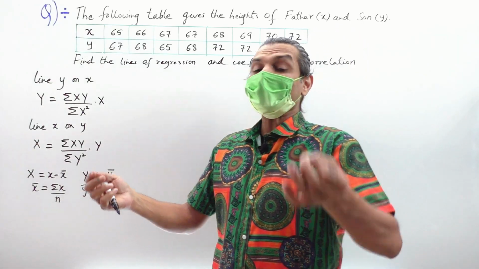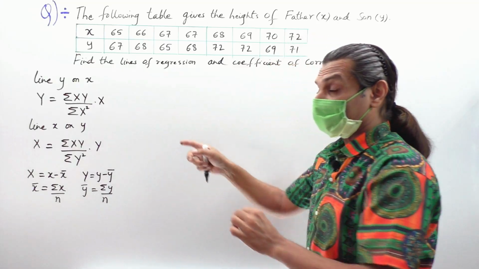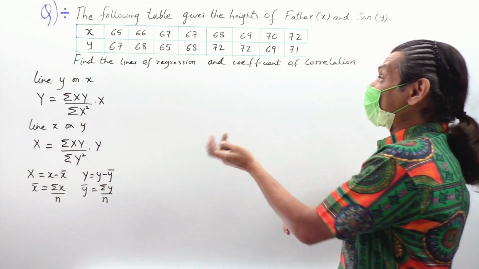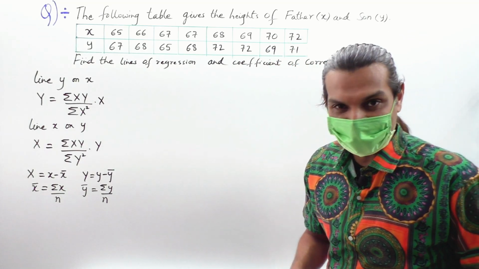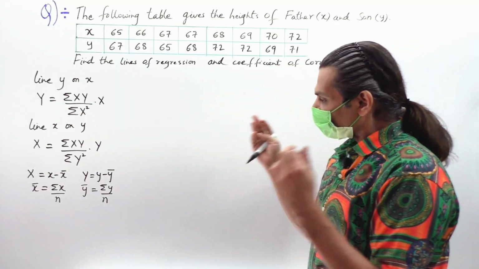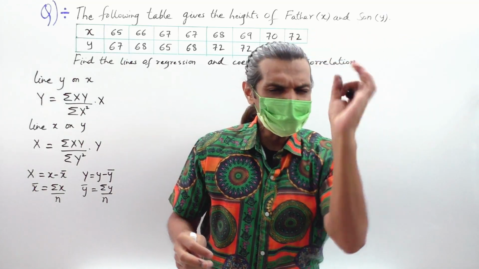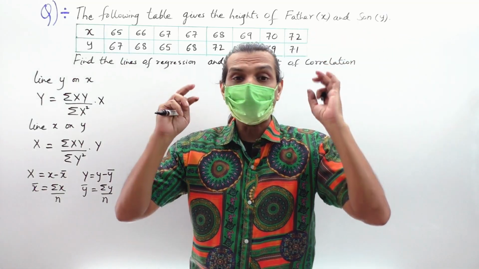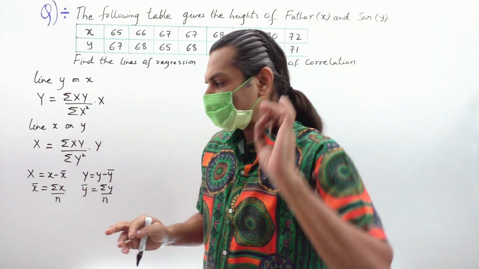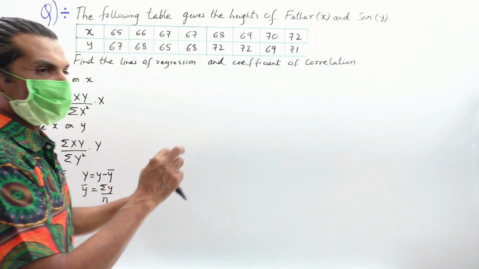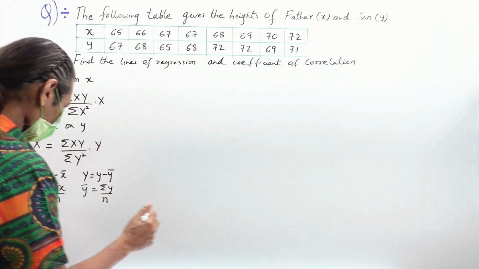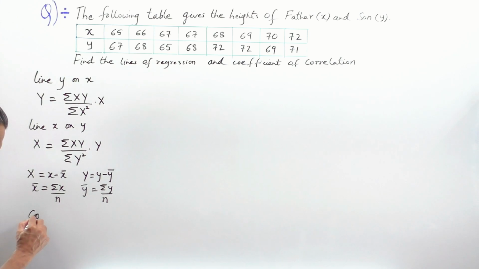First the lines of regression, two lines, and then the coefficient of correlation. If the two lines are obtained, we can very easily find the coefficient of correlation using a very simple formula from the two lines of regression.